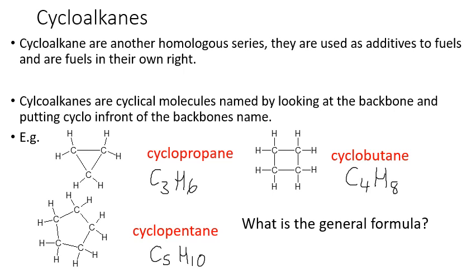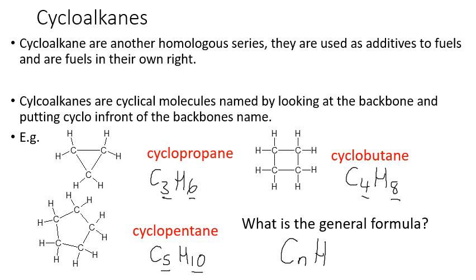So what is the general formula? If I have N as the number of carbons, what must I do to N in order to get the number of hydrogens? What do I have to do to 3 to turn it into 6? What do I have to do to 4 to turn it into 8? What do I have to do to 5 to turn it into 10?